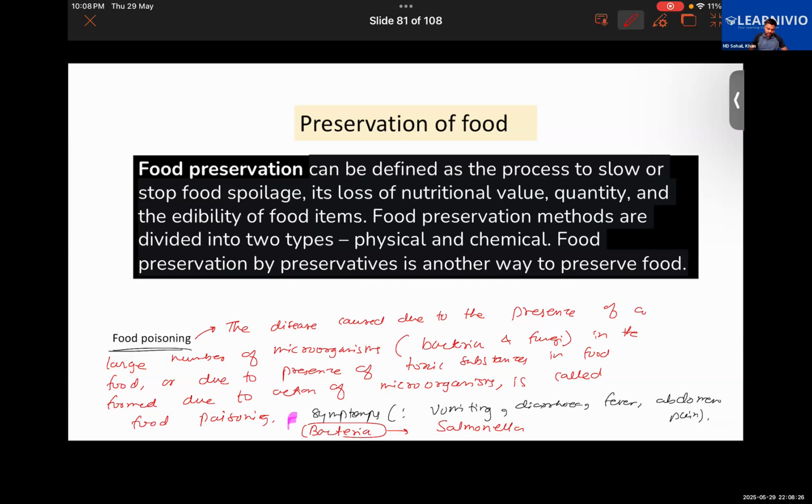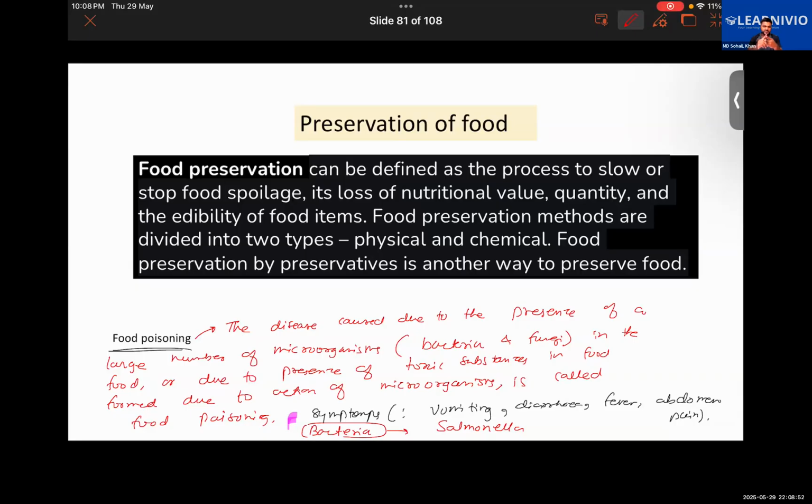Good. Next, let us learn about food preservation. As we know, food materials like milk, fruits, vegetables, and cooked food get spoiled easily because they contain a lot of water, and because of the presence of water, microorganisms can grow in them easily.